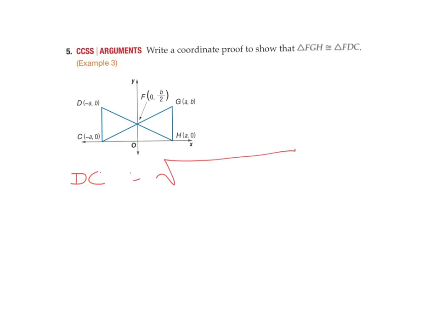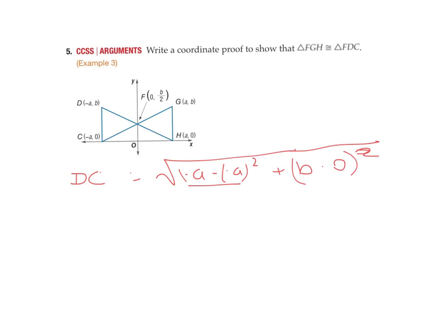It must be x2 minus x1, and again it doesn't matter which way you do it, but I'm going to do negative a minus negative a, and you're going to square that, plus b minus 0, squared. So what have you got here?